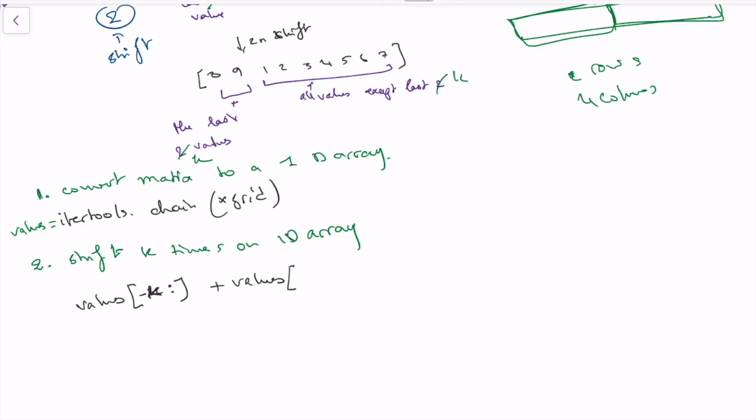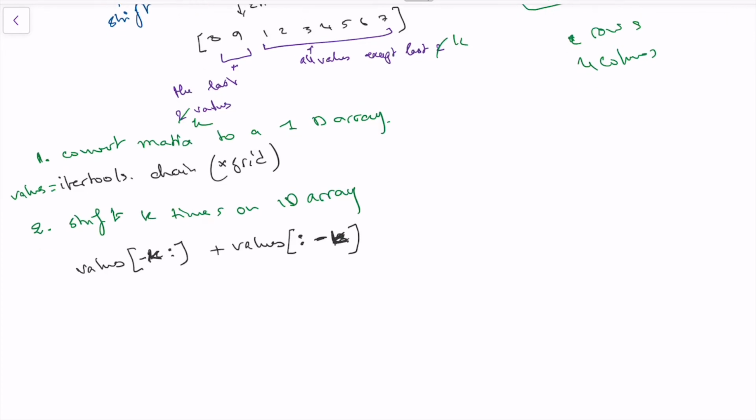And to get that, we can just slice with minus k, which says except the last k values here, okay? And so now we have the 1D array shifted, and then we can convert this into an iterable using just iter here.